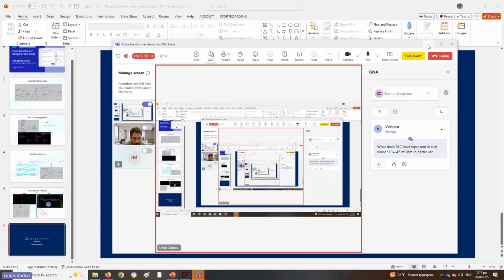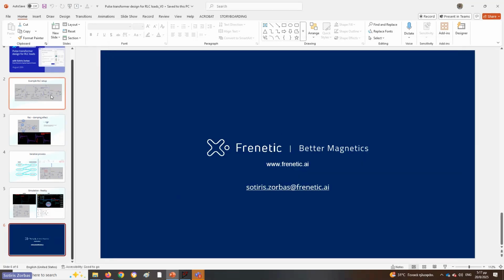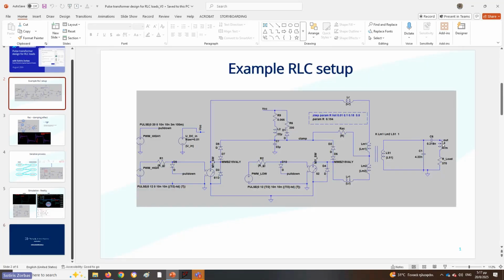So the RLC in this case, let's go back. In this case, it was an ultrasonic transducer. When we have PCBs and want to clean them, we put them in an ultrasonic bath.